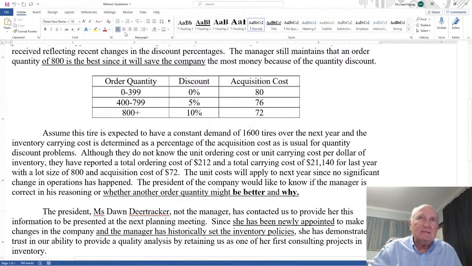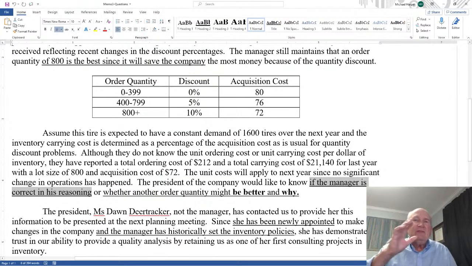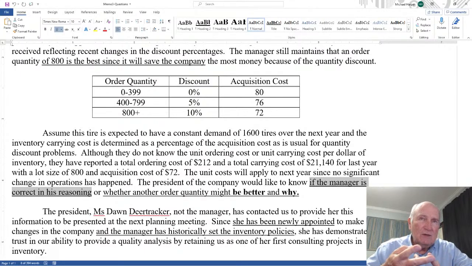That's just what he says up here. And if the manager is correct in his reasoning, and let me underline that. So in the memo, in our response to her, we have to say, is he correct in his reasoning and why or why not? Is another quantity better and why or why not? So that's what this memo is about.